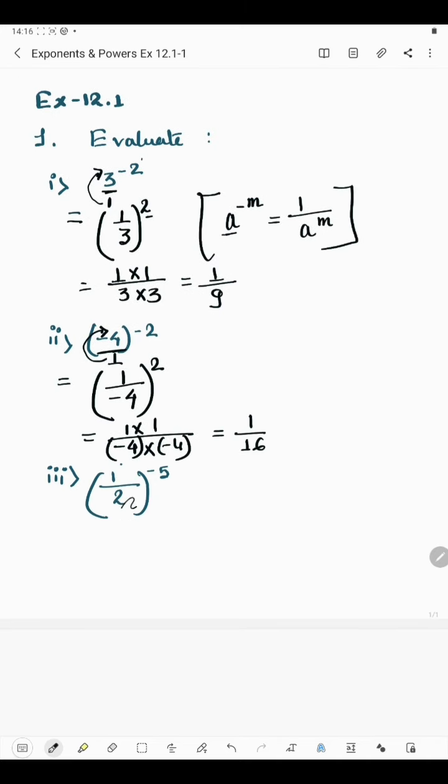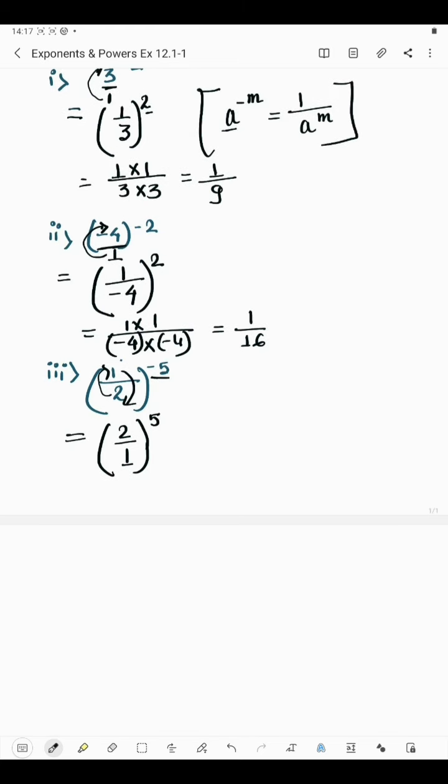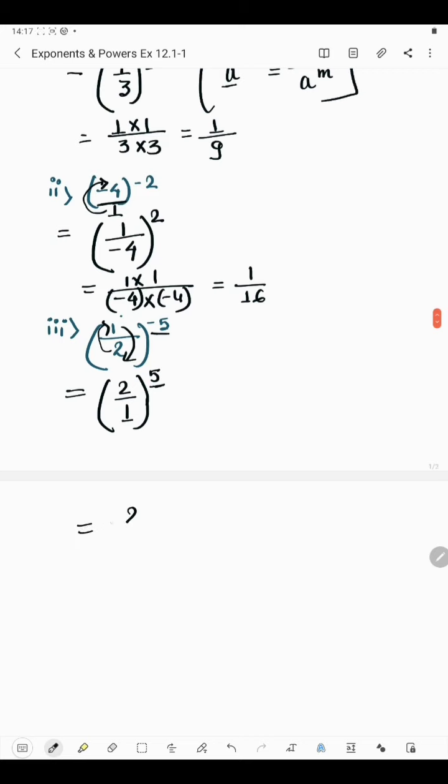Now in the third part we have 1 by 2 whole to the power minus 5. Here the exponent is negative. So how will you make it positive? We'll take the denominator up and the numerator will come down. So it will be 2 by 1 whole to the power 5. Now here the power is 5, so we'll write the base 5 times: 2 by 1 into 2 by 1 into 2 by 1 into 2 by 1 into 2 by 1.